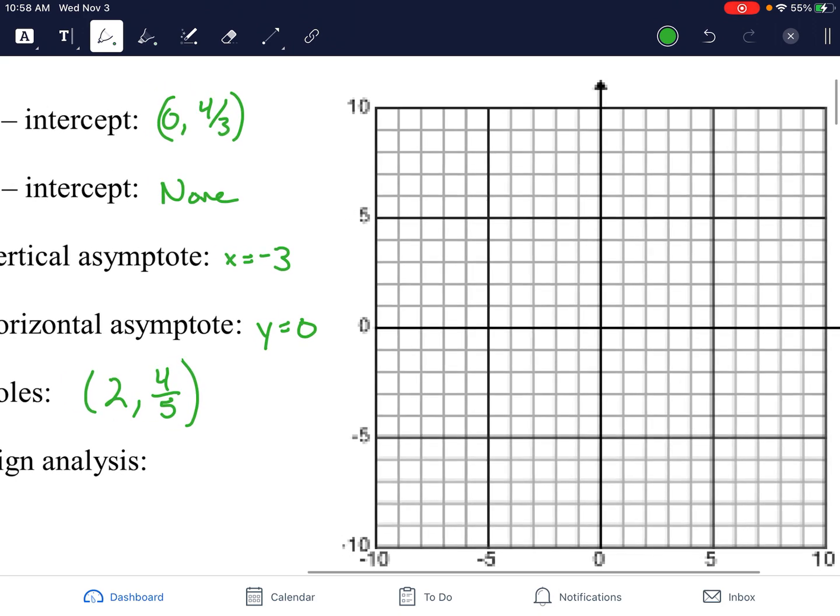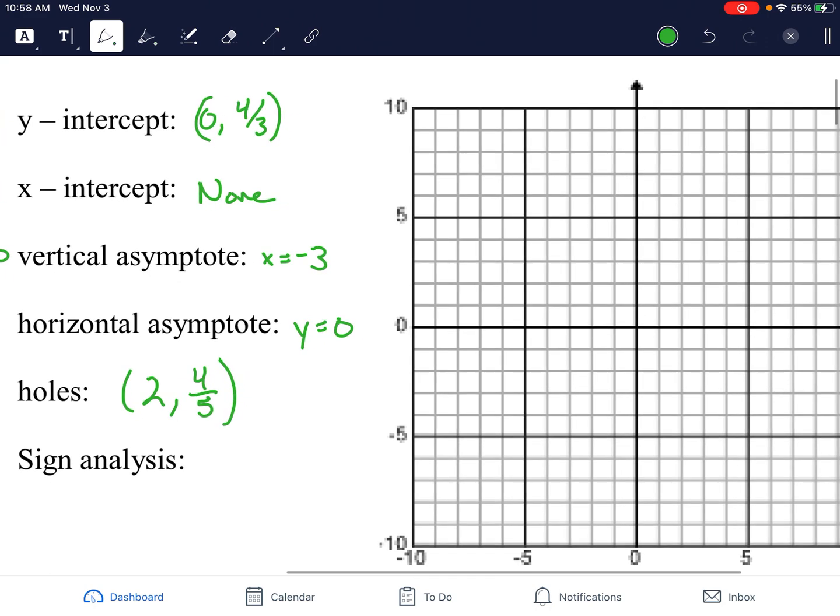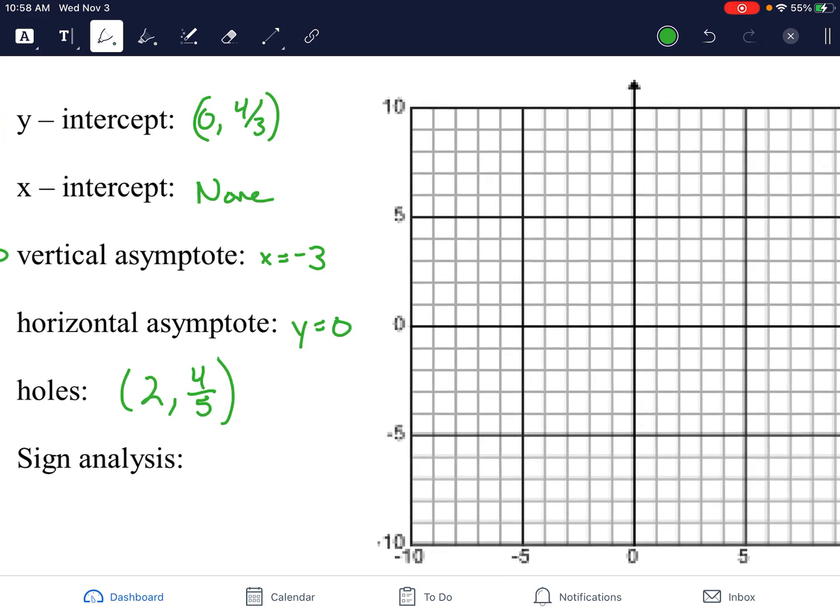So your y-intercept is 0, 4 over 3, which is going to be a little bit over 1. There's your y-intercept. Your x-intercept, there is none, so we don't have to put a point for that. Your vertical asymptote is at x equals negative 3, so that is right here. Your horizontal asymptote is y equals 0.